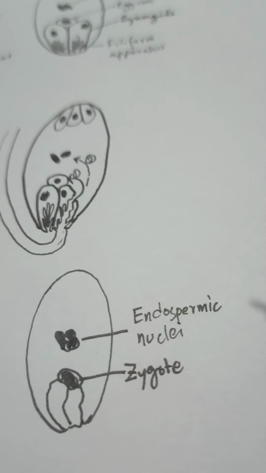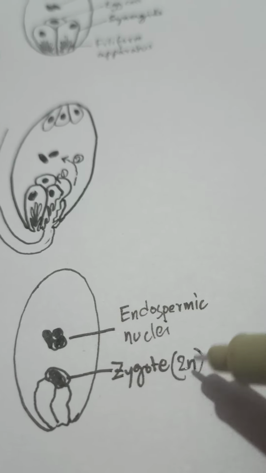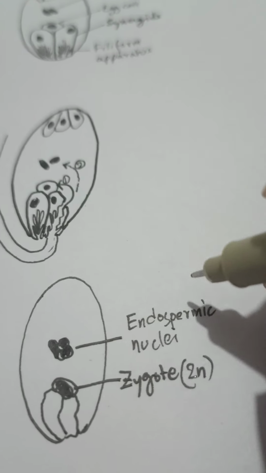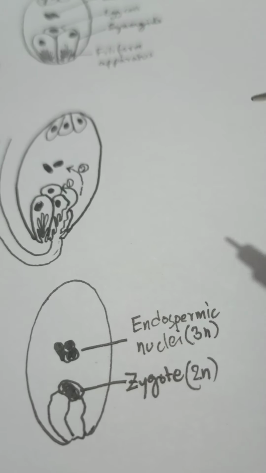And what we are going to observe is that the zygote is going to be diploid in nature. This endospermic nucleus will be triploid in nature.